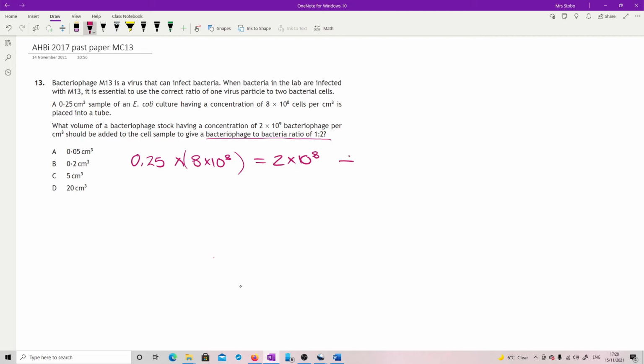So if I take that 2 × 10^8 and divide by 2, I've now got 1 × 10^8, which is how many bacteriophage I need. To work out the volume, I take my 1 × 10^8 and divide that by how many I get per cm³, so 2 × 10^9, which gives me 0.05 cm³. That's it. It's not hideous, but it's not the nicest, that's for sure.